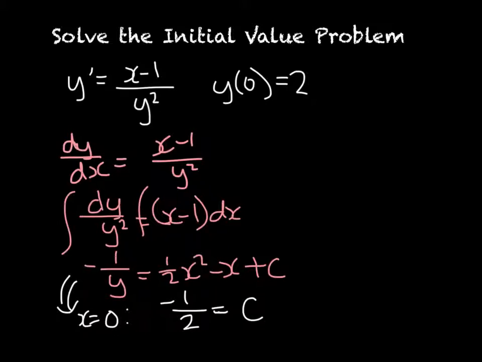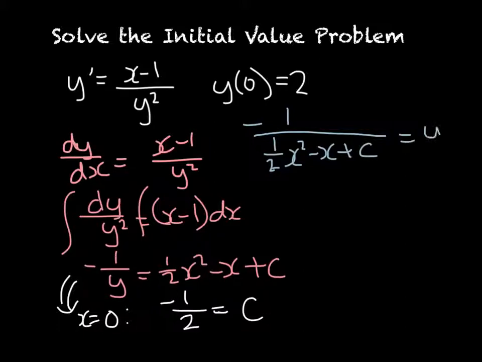And so at this point, I'm going to take this equation here and rearrange it a little bit so we have y alone on one side. So I'm just going to take the entire right side and move it to the denominator. That gives us y on the other side.